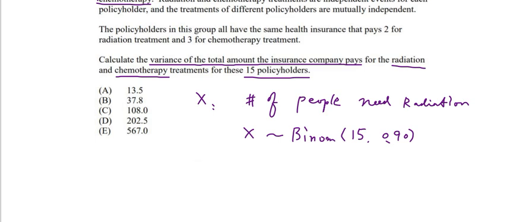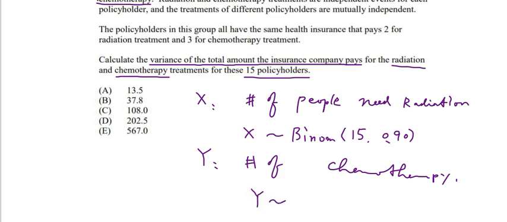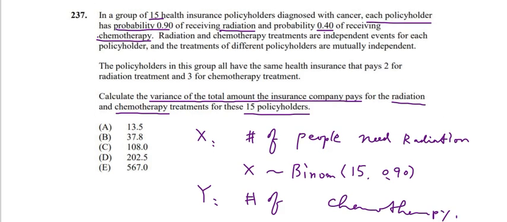Same way, let y be the number of people who need chemotherapy treatment. So we know y follows a binomial distribution with 15, and here the probability is 0.4, right? So both of them are binomial distributions.